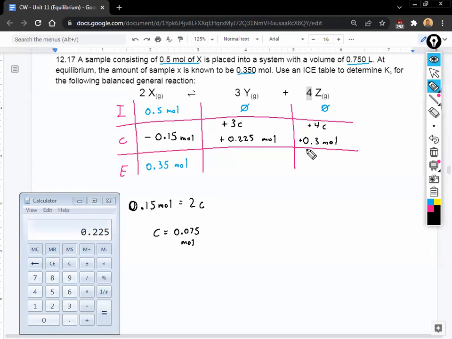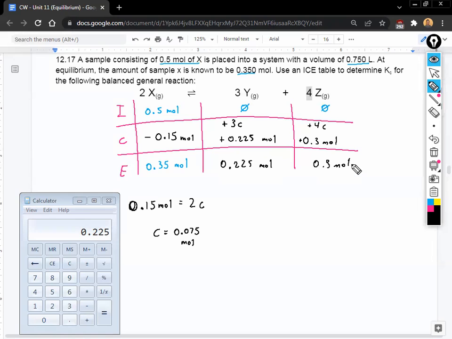So far, so good? Okay, so if we increase by 0.225 moles for Y, what's the equilibrium amount? Yeah, 0.225 because we started at 0, right? So it'll be 0.225 moles and 0.3 moles.